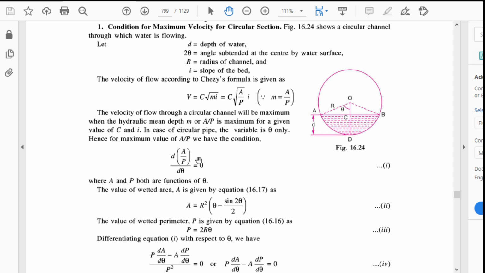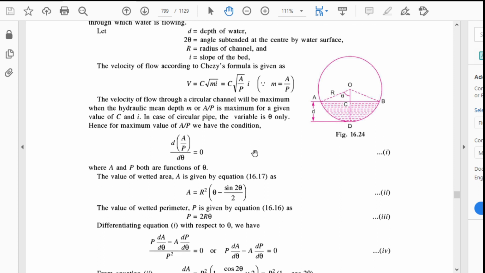As that angle is changing, all the parameters will be changing, so the variable here is theta only. So here we can differentiate this hydraulic mean depth with respect to theta, as the whole area and perimeter are both functions of theta.